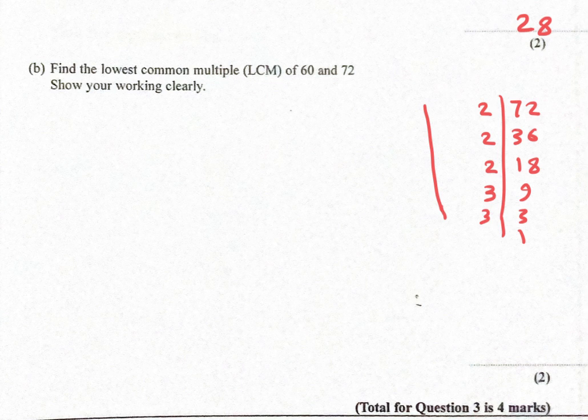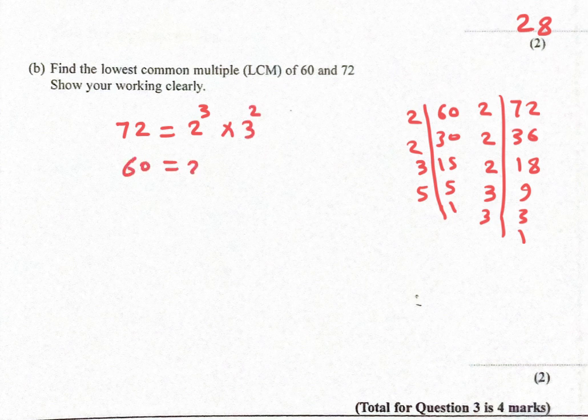For 60, divide by 2, 30, divide by 2, 15. 15 is not divisible by 2, so divide by 3, 5, divide by 5, 1. So 72 equals 2 power 3 times 3 power 2. 60 equals 2 power 2 times 3 power 1 times 5.